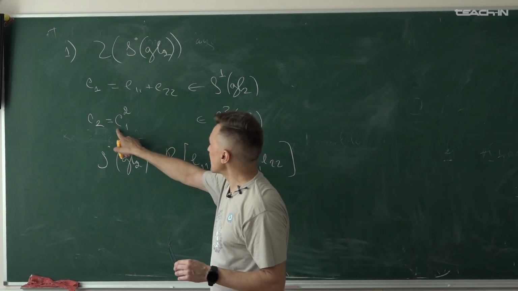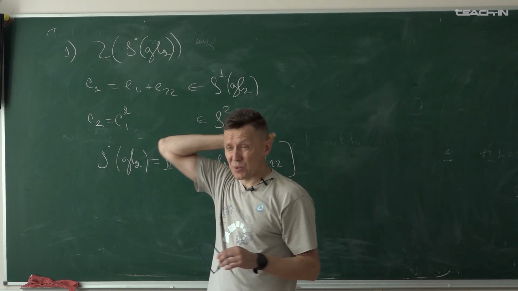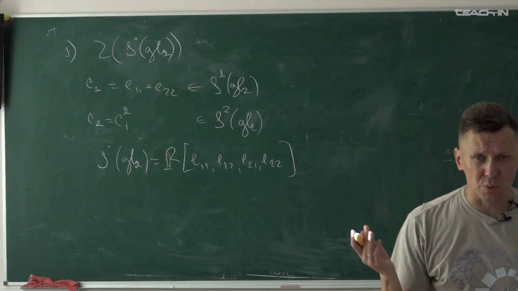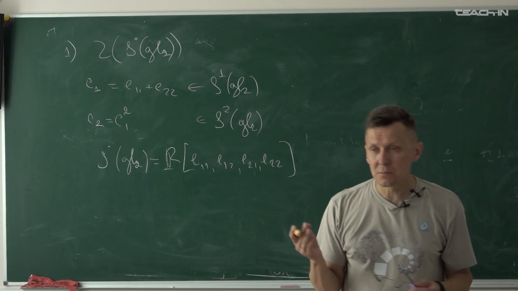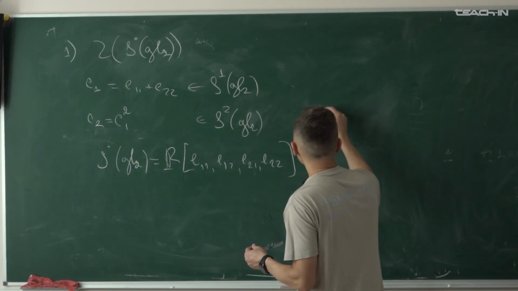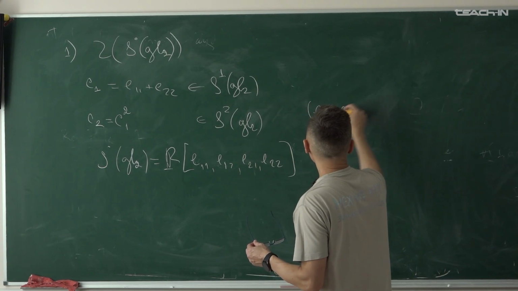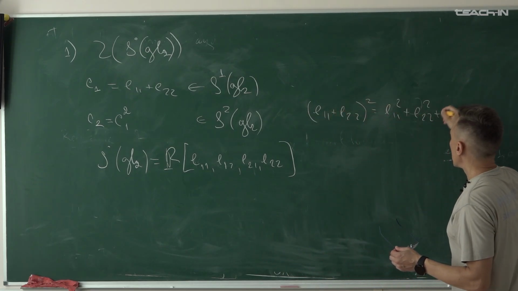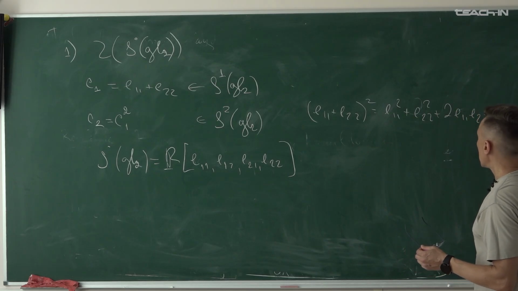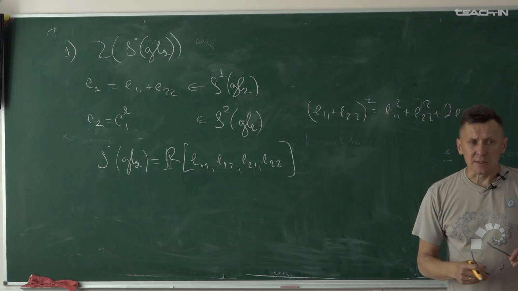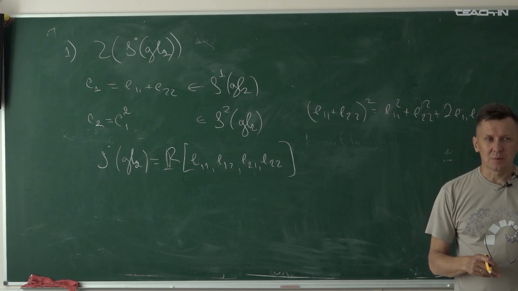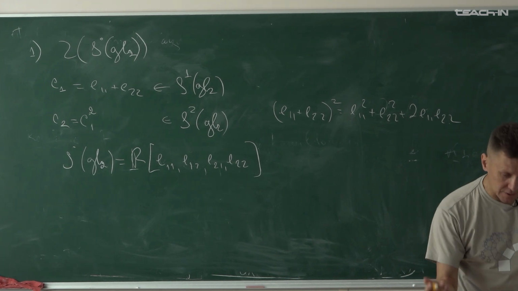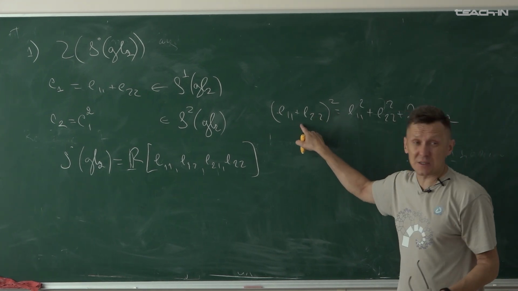So I know, for example, that C1 square is a polynomial of degree 2, and it is central, because C1 is central. So the polynomial (E11 plus E22) square, which is E11 square plus E22 square plus 2 E11 E22, is obviously central, because it is a square of the central element.